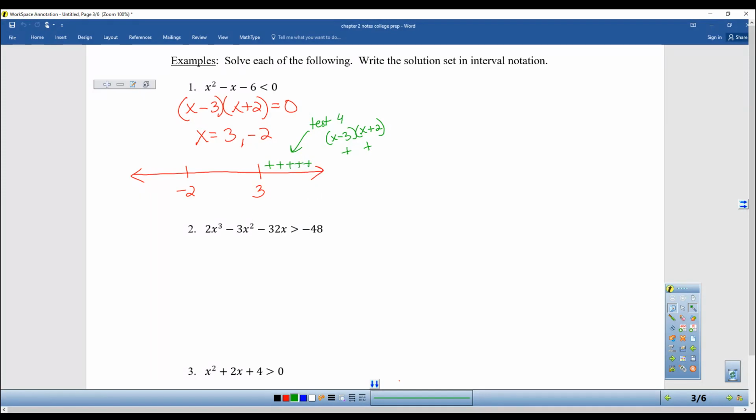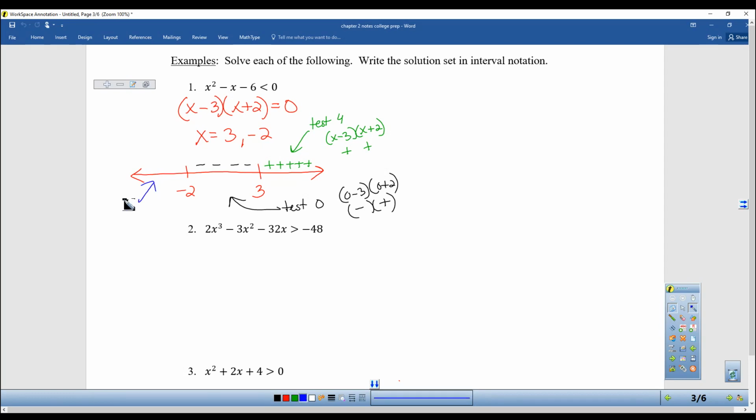And then in this interval, I'm going to test 0. I always test 0 whenever I can. And 0 gives me 0 minus 3, which is a negative, 0 plus 2, which is a positive, and a negative times a positive gives you a negative.